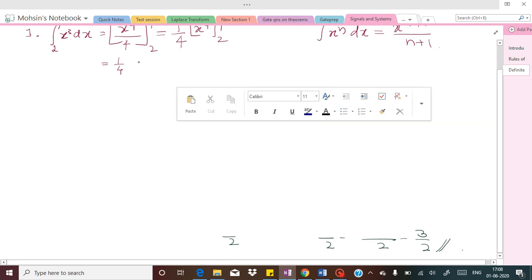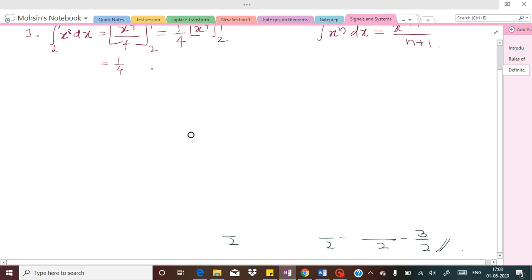So I substitute x equal to the upper limit 4, 4 raised to 4, minus the lower value of x, which is 2, 2 raised to 4. Now I can take 1 divided by 4 inside the bracket.